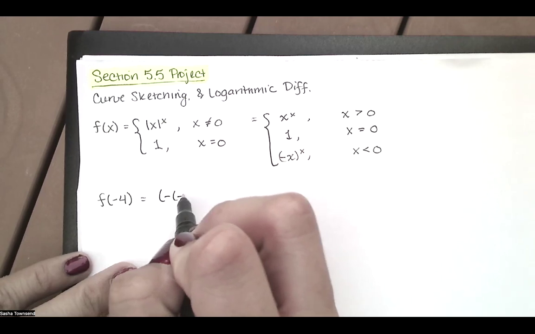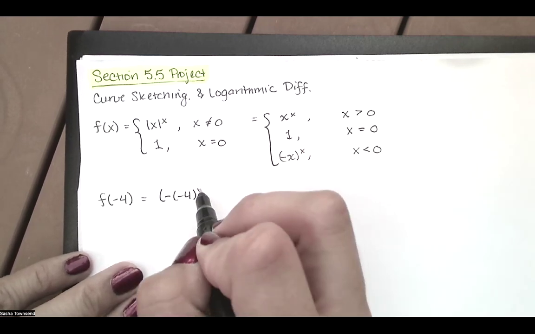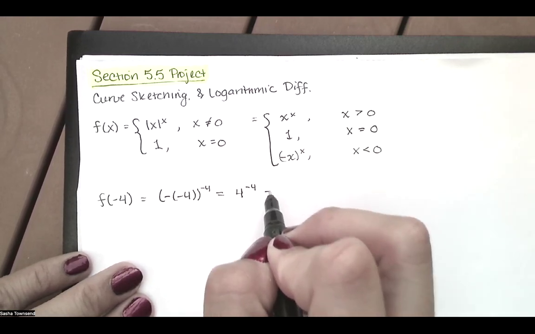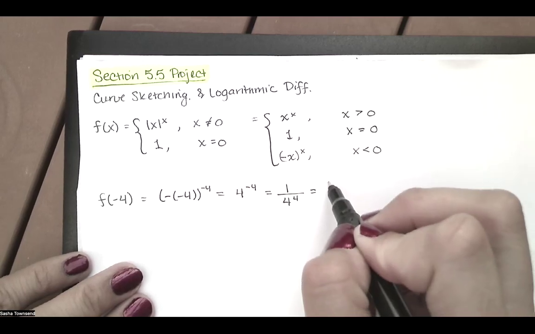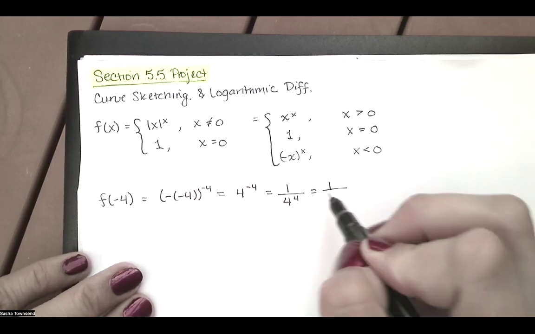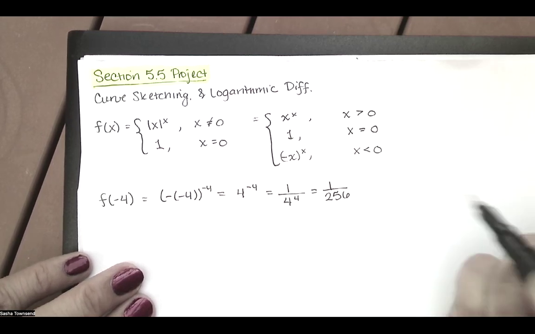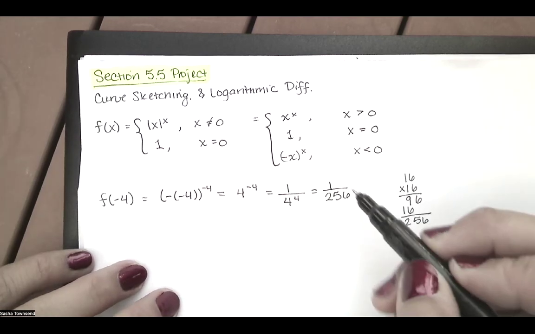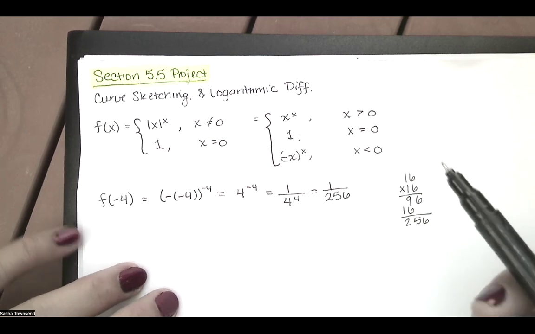We have the absolute value of -4, which is 4, raised to the -4th power. So we'd have 4 to the -4, which is 1 divided by 4 to the 4th. It's 16 times 16, I think that's 256. I'm not 100% sure, but yeah, that's 256. So we've got 1 divided by 256 there.